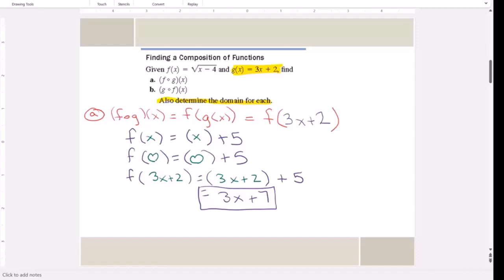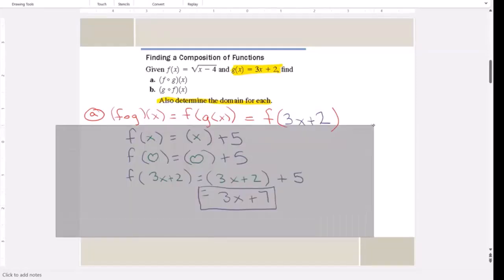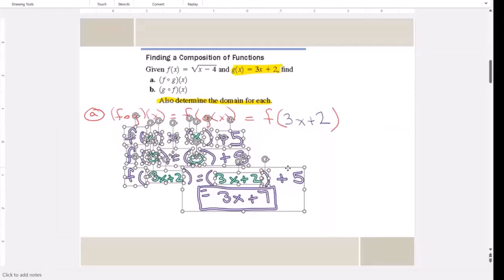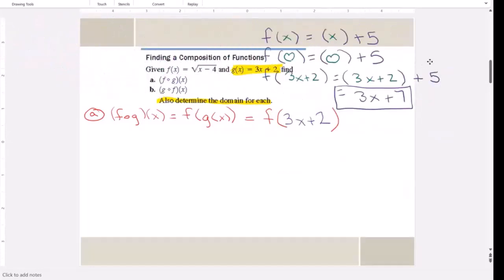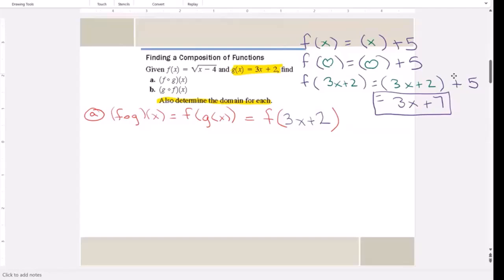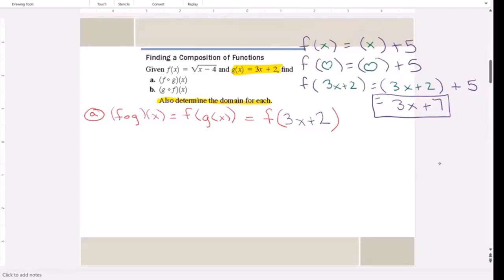But that's not what f of x equals. So let's take this, move it. Okay, I'll move it there. So we have f of 3x plus 2, and we've been told that f of x is equal to the square root of x minus 4.